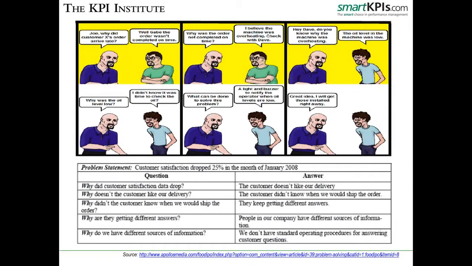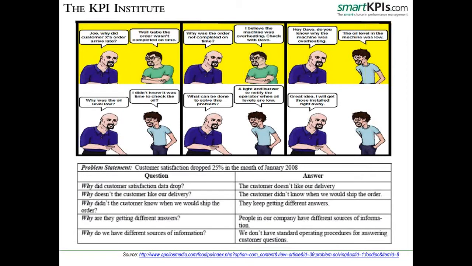Hey Dave, do you know why the machine was overheated? The oil level in the machine was low. Why was the oil level low? I didn't know it was time to check the oil. What can be done to solve this problem? Light and buzzer to notify the operator when oil levels are low. Great idea. I will get those installed right away.